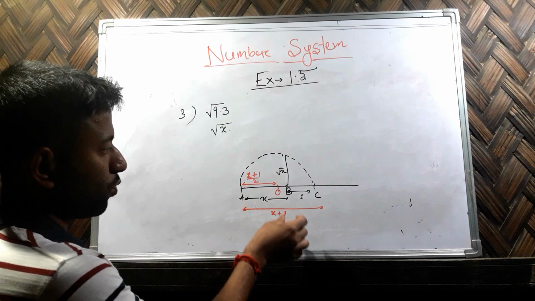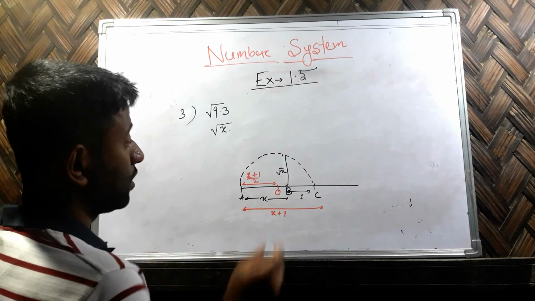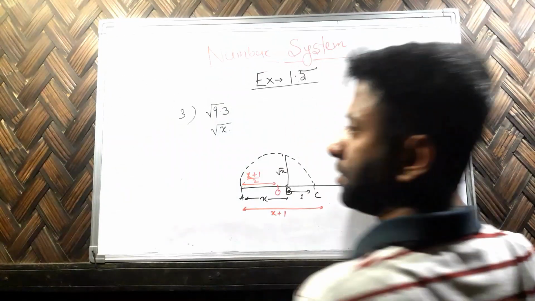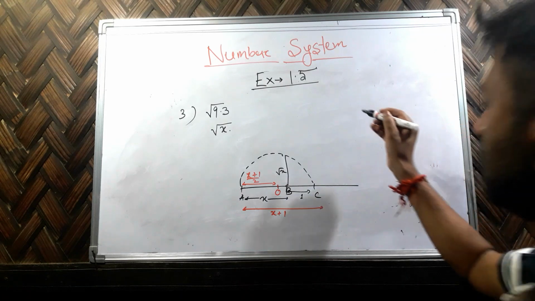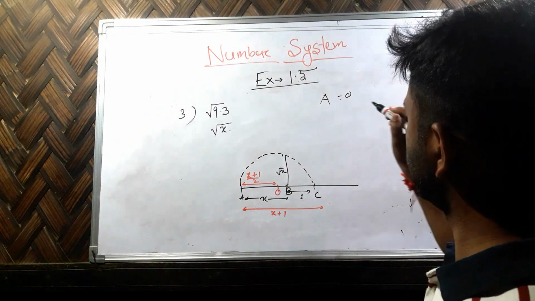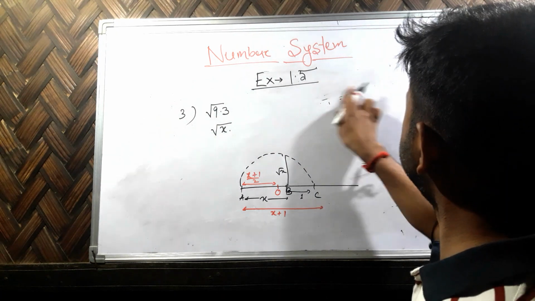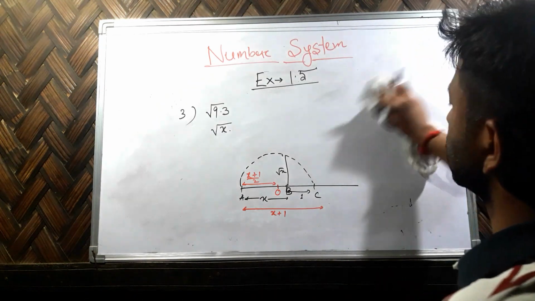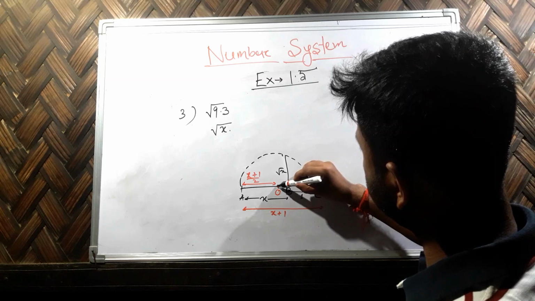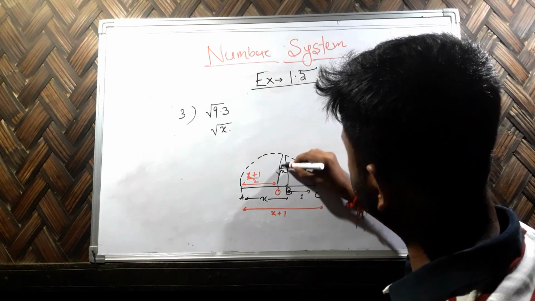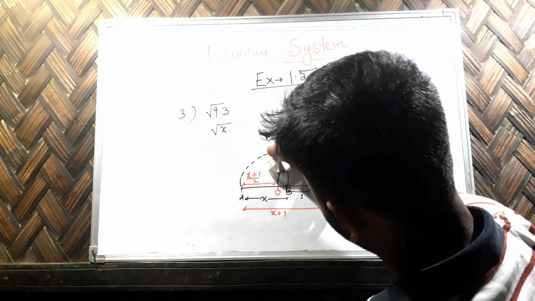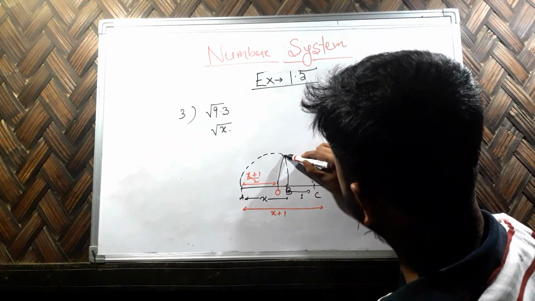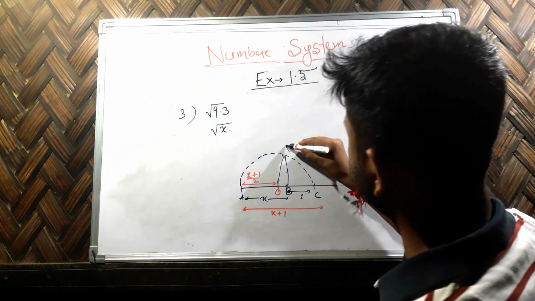If this is x plus 1, now I'm writing here AO, and I'm drawing one perpendicular. Suppose this is my D point.